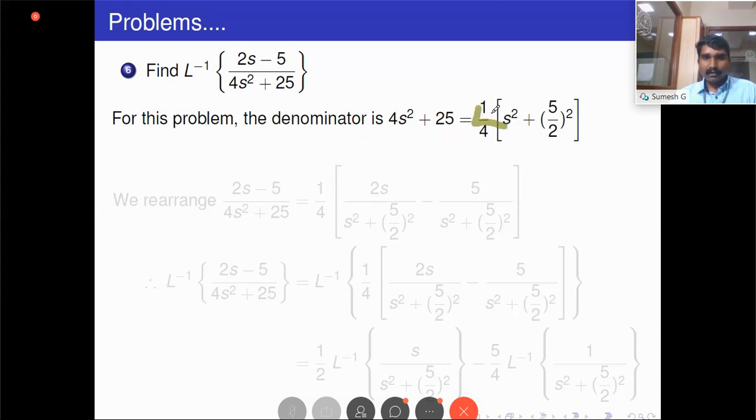Here we take 4 outside. So it becomes 4 into (s² + 25/4). 25/4 can be written as (5/2)².